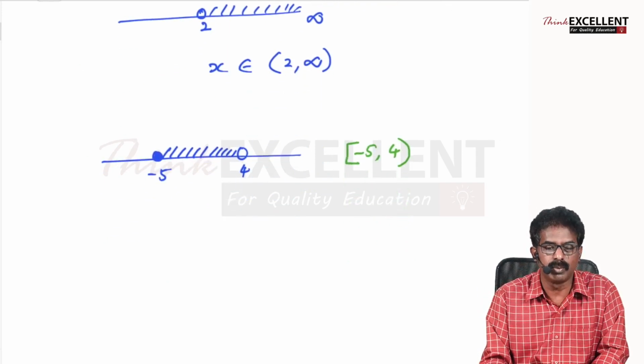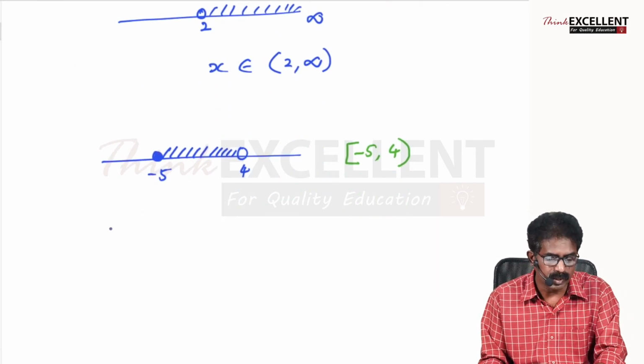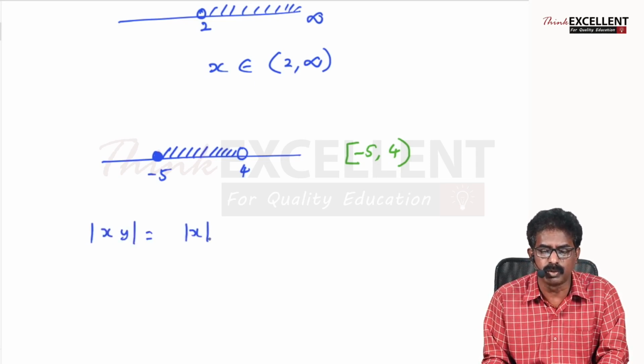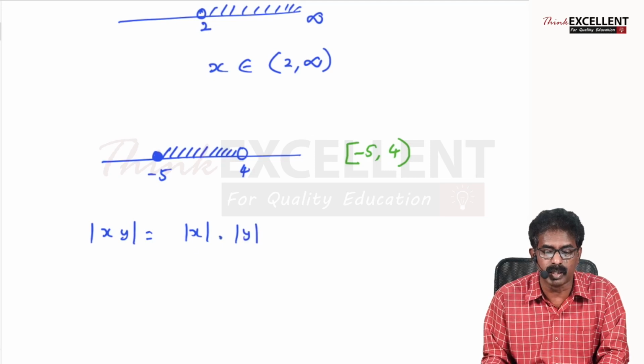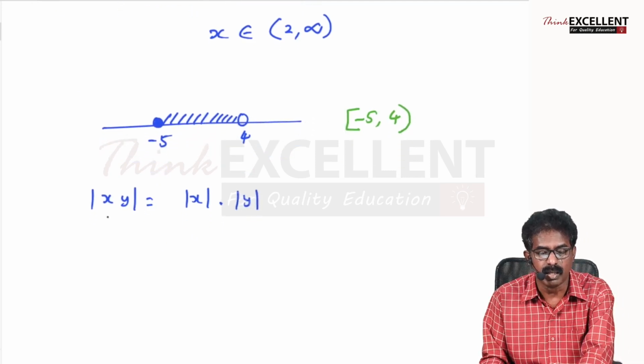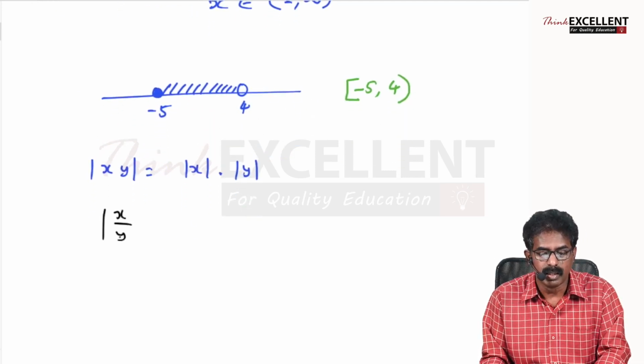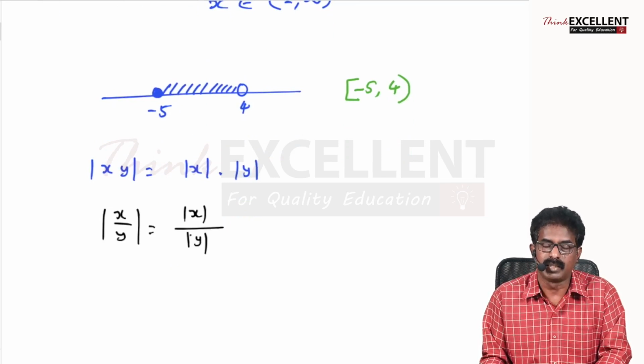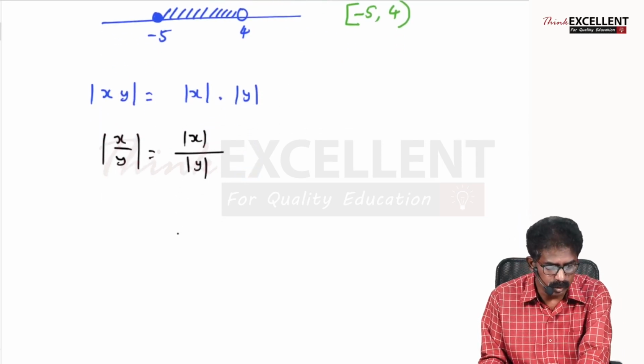Now I'm going to give just 2 more results. Then we go for the sums. Listen, these are all very important things. Modulus of xy, you can split into 2: modulus x into modulus y. Same way even division, modulus x by y, you can write as modulus x by modulus y, provided y is not equal to 0.